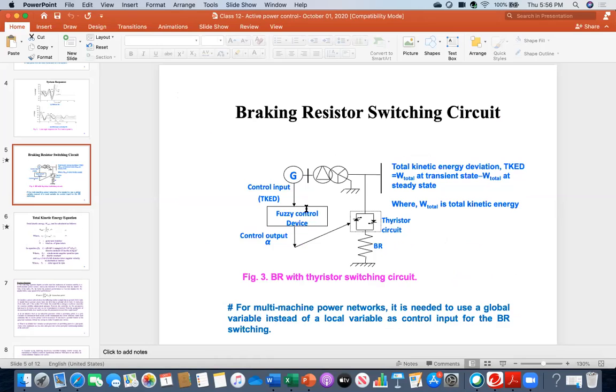You see this one. In the controller, the input was TKED. What is my TKED? Total kinetic energy deviation. How much it is changing? You see, W total at transient state minus W total at steady state. When all generators are running and there is no fault in the system, you have a W total, right?